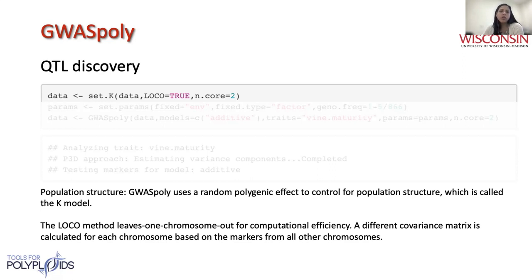And it will also generate a different covariance matrix that will be calculated for each chromosome based on the markers from all other chromosomes. So when you put LOCO equal true, this is what it's going to do in your analysis, and it usually will take less time. And the other option is that you can also change the number of cores based on the computer that you have available. So then this will also save you some time.